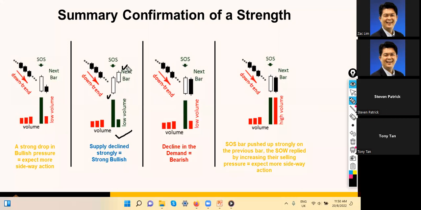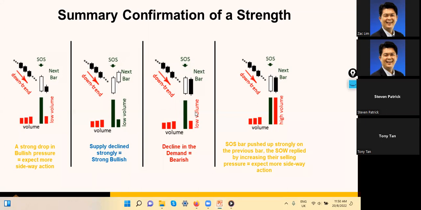Then you have a next bar moving up a little bit, but the volume is still not in yet, so it has a strong sign. But whether it continues to move higher still depends on the volume coming in. If not, it might end up sideways at the high. But Hatha Leka definitely still has a long way to go, so no rush. You can still continue to monitor it.